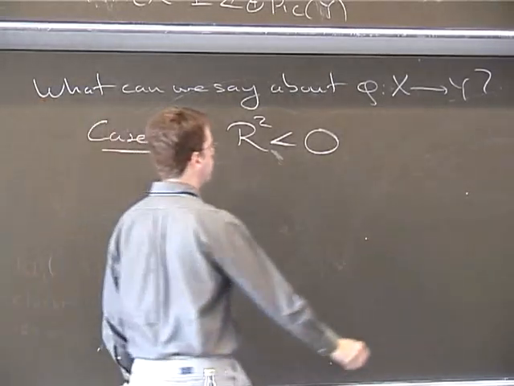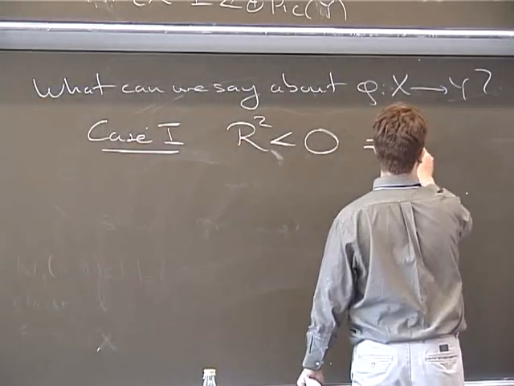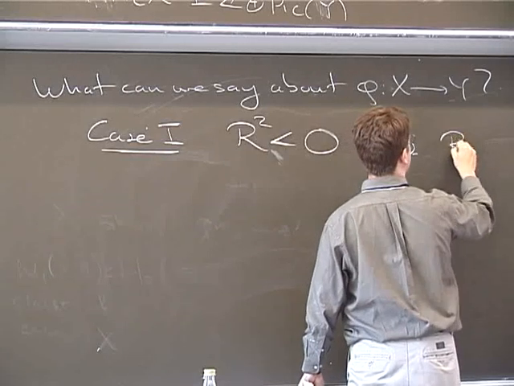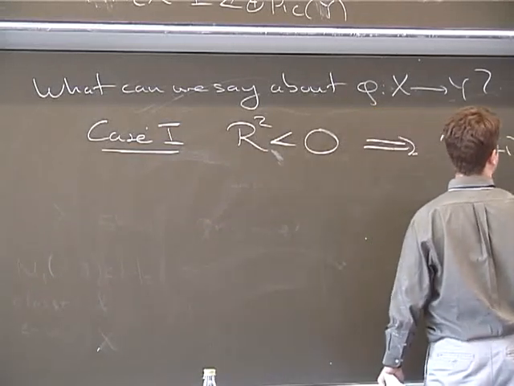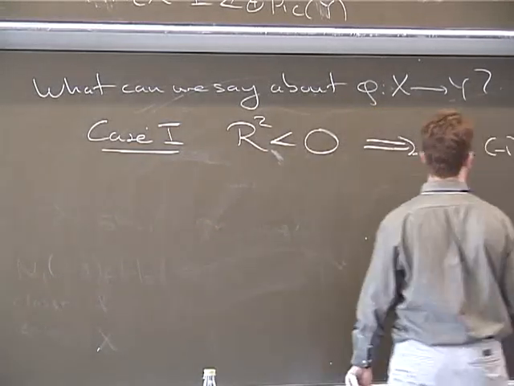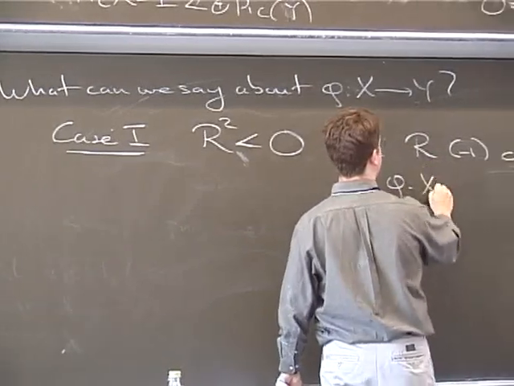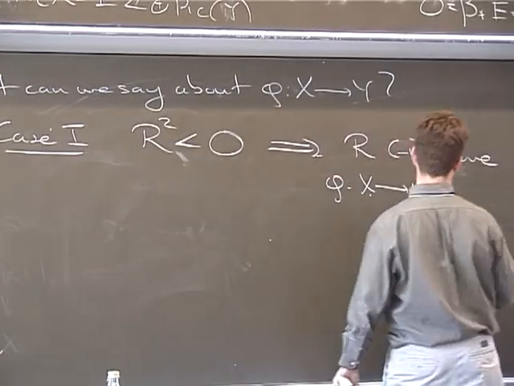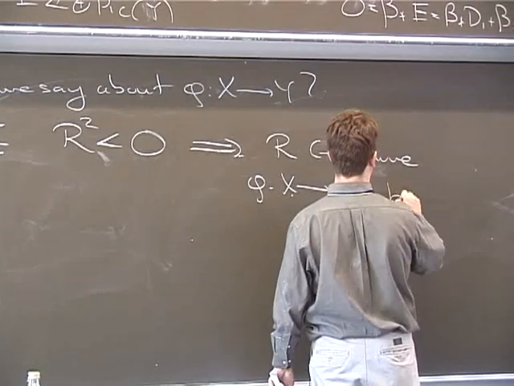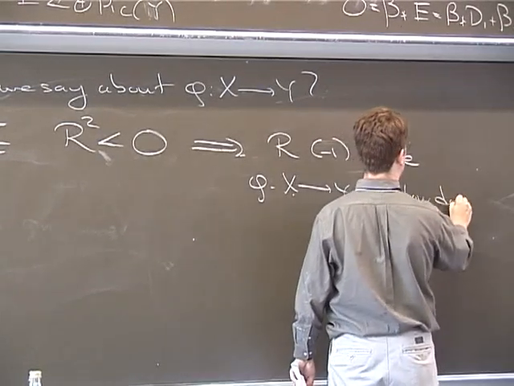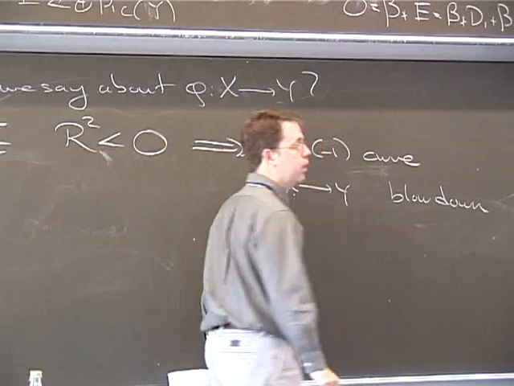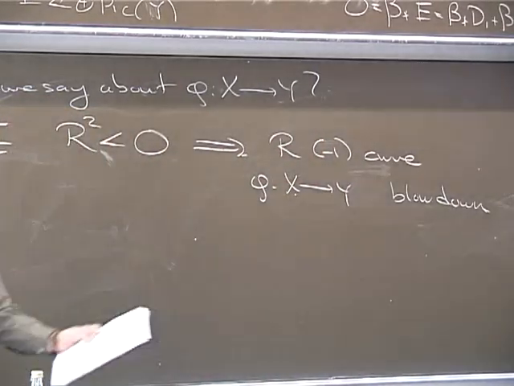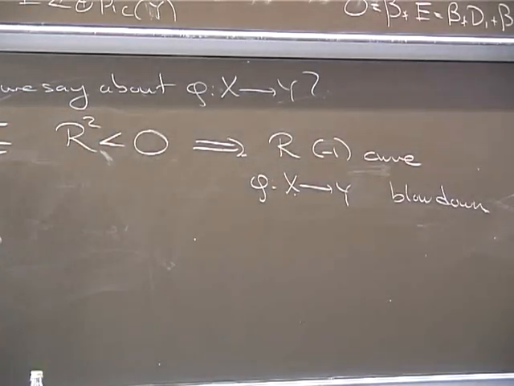Then it follows by our proposition from last time that R is a -1 curve, and phi from X to Y is just a blowdown map. So this is what happens in the first case.